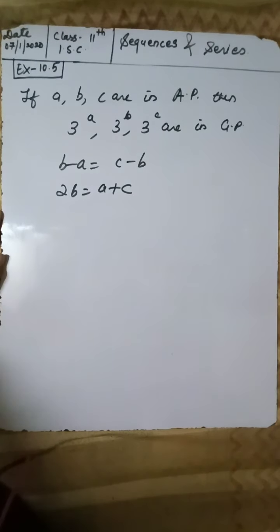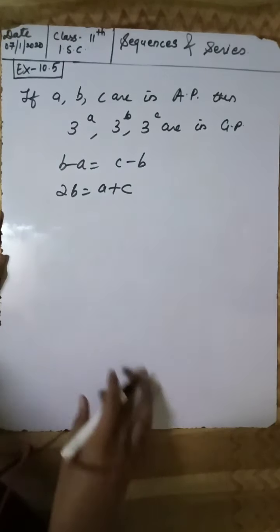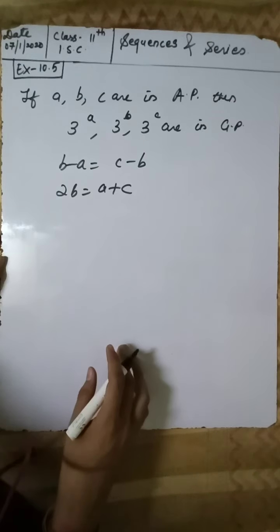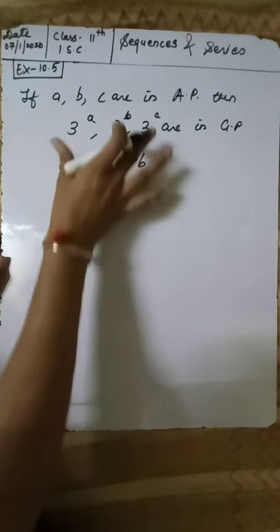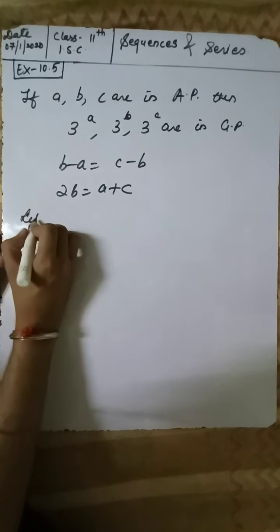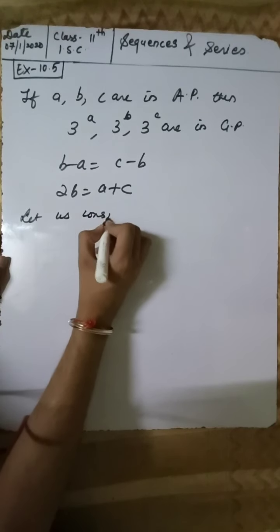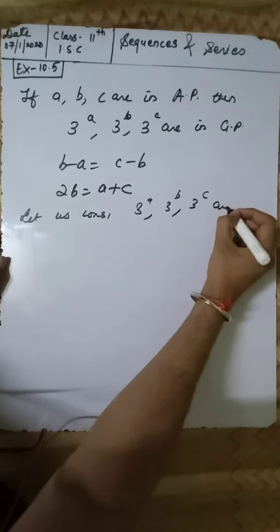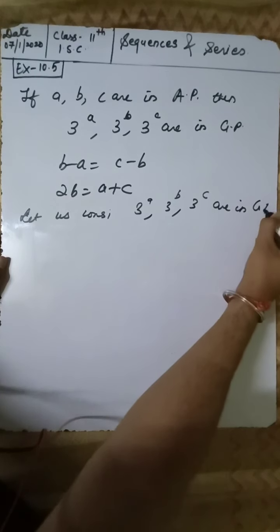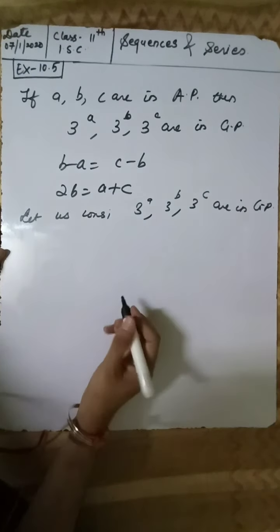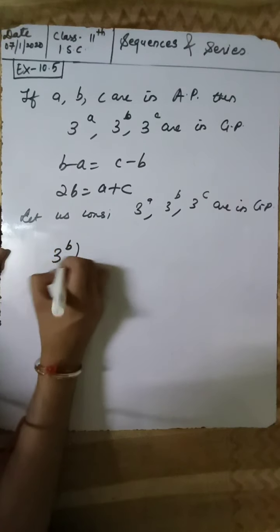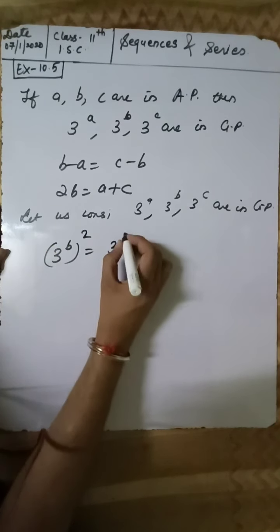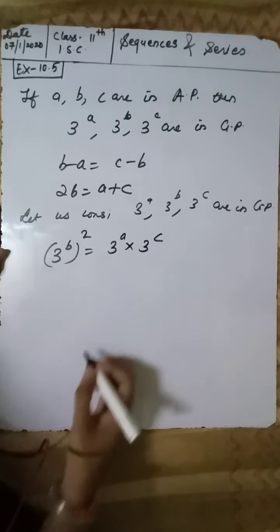Now what we are doing to prove this in GP, let us consider that it is in GP. So let us consider 3 to the power a, 3 to the power b and 3 to the power c are in GP. So if they are in GP, then can we write by the formula 3 to the power b the whole square is equal to 3 to the power a into 3 to the power c.